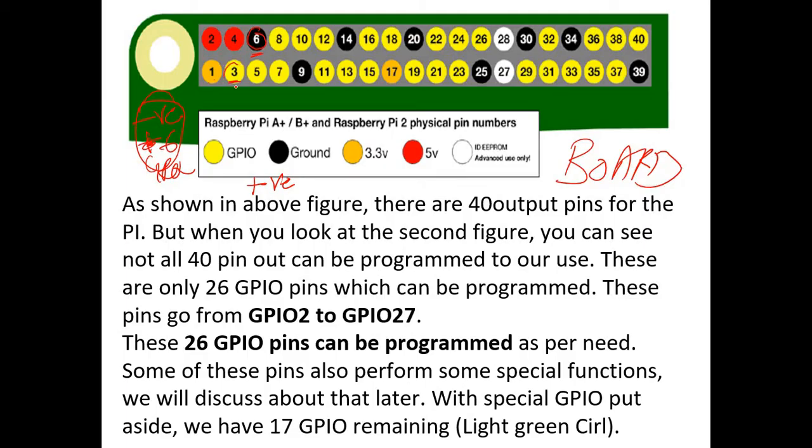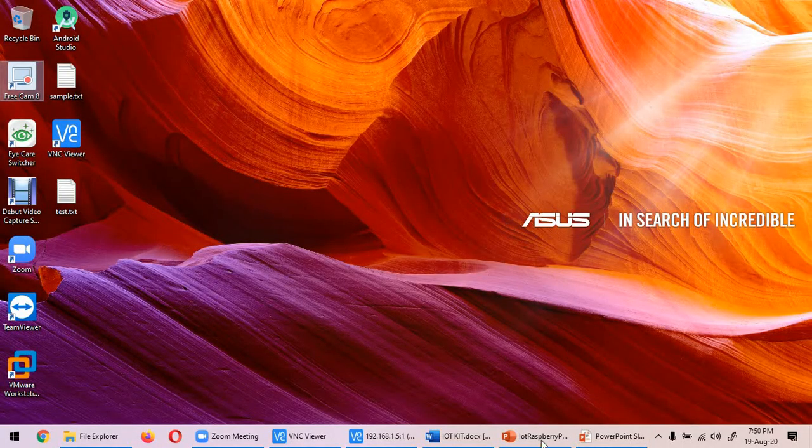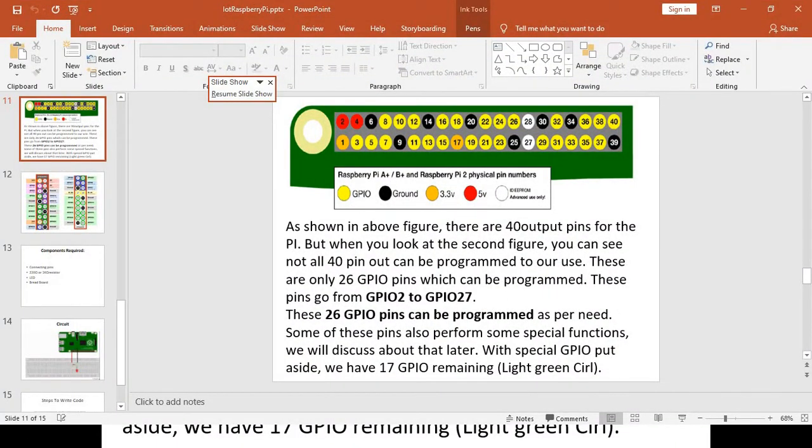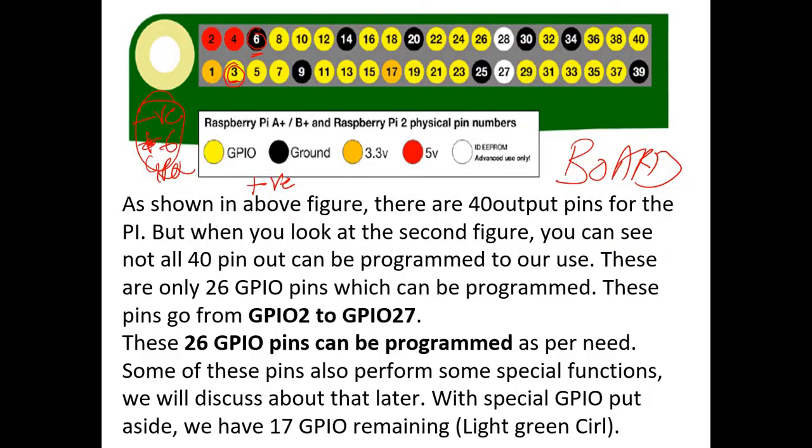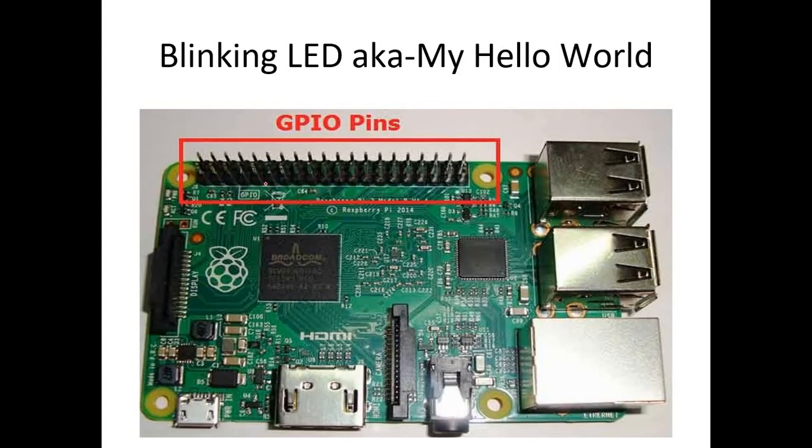So I am selecting pin number 3. So negative will be connected to pin number 6, and this positive wire will be connected to pin number 3. So in the diagram, this is pin number 1, 2, 3, 4, 5, 6, positive wire on pin number 3 and negative wire on pin number 6.